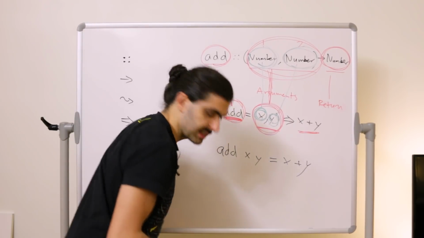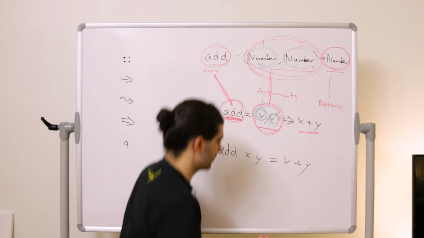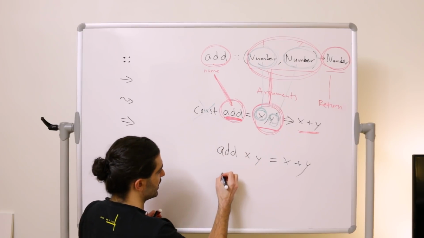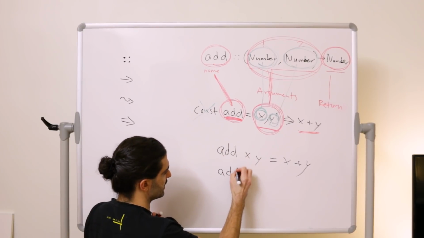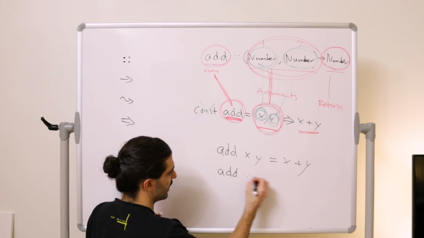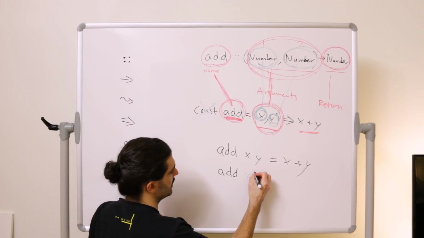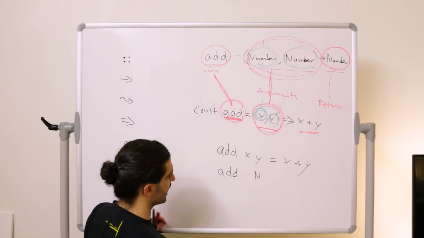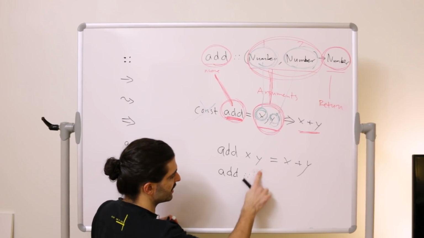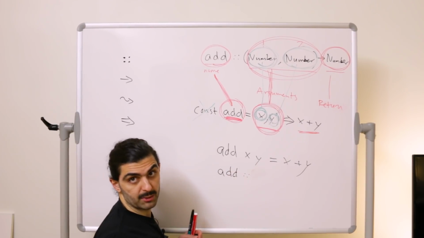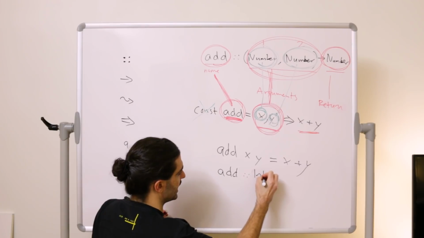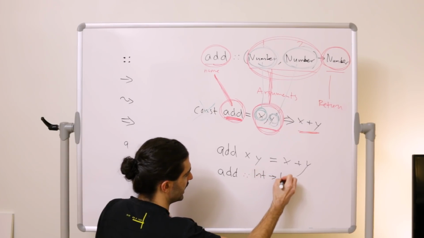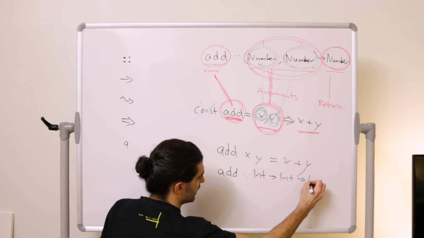But for the sake of exhaustivity, the type signature in Haskell would have to be something like this: add, and then this colon stuff, and then number. Well, it's not actually number, but let's say we only define add for integers. Then you might say int to int to int.